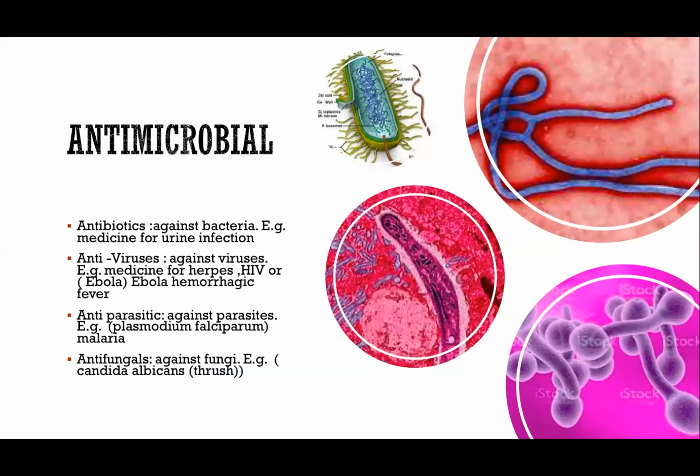So antimicrobials, as we said, are classified. Antibiotics are against bacteria, for example the medicines we use in various types of infections, such as urinary tract infection, pneumonia, and cellulitis. Antivirals are against viruses, the medications used for herpes, HIV and Ebola.